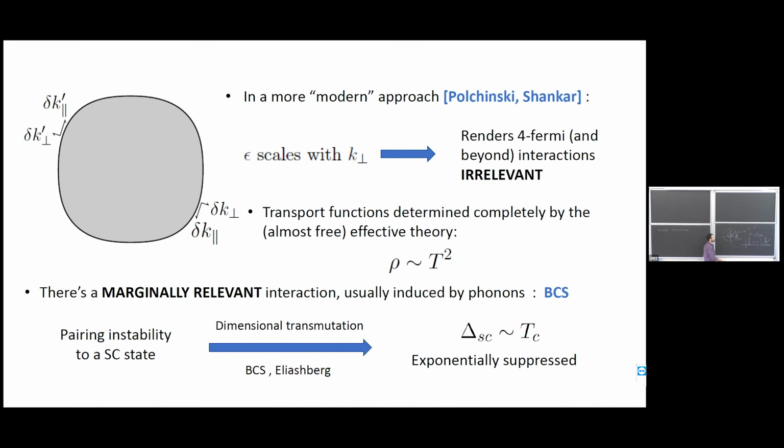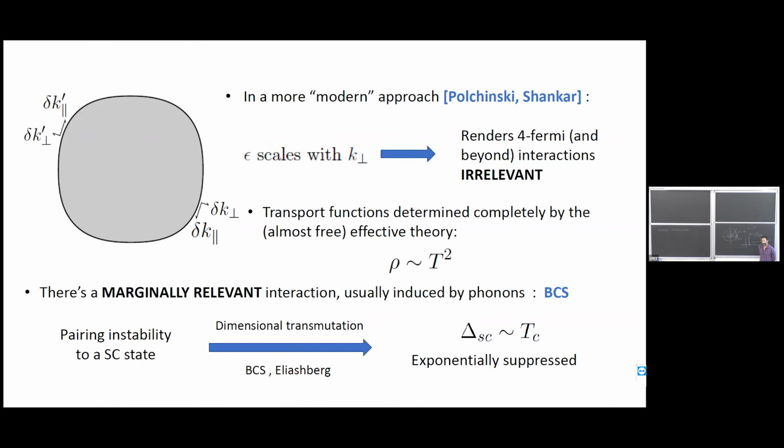Very quickly, what you can find is that due to the fact that the energy scales only with the orthogonal separation to the Fermi surface, and it doesn't depend on other directions, this fact defines a very peculiar scaling process.